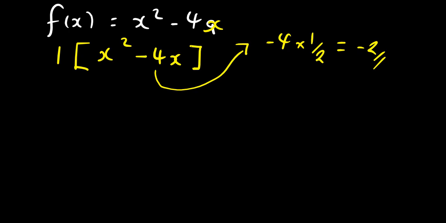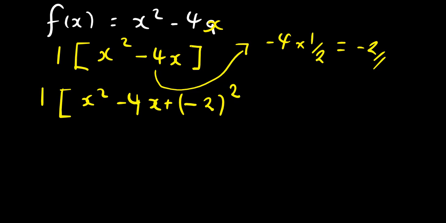So we are going to have our 1 times x squared minus 4x, plus negative 2 squared, and you have to minus it again, you square it like that. So this is the expression that we are going to have.